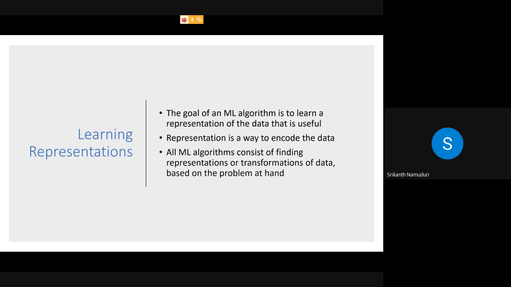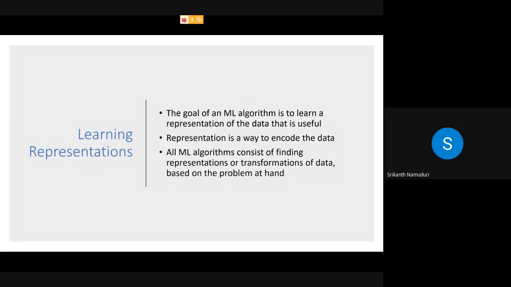So if you have 10,000 data points, and you're representing them by a polynomial which has, let's say, even 10 coefficients, you are in a way encoding 10,000 samples into 10 parameters. So you can think of a machine learning model or a deep learning model as a way of encoding the data.